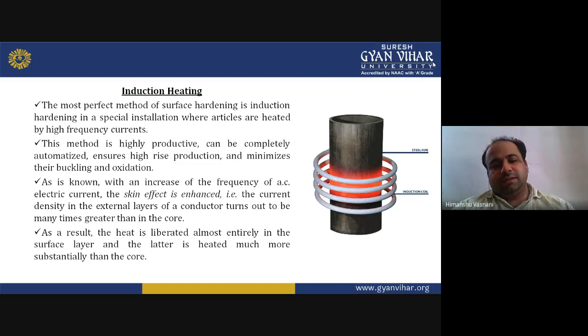As a result, the heat is liberated almost entirely in the surface layer, and the latter is heated much more substantially than the core.